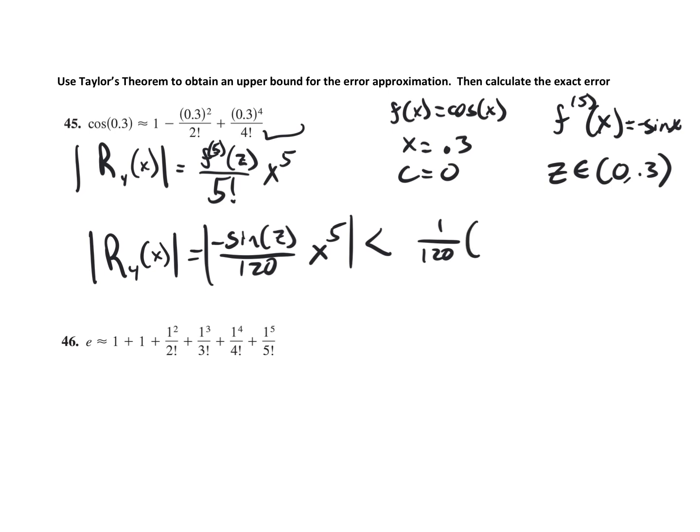Now what is x? x is 0.3 to the fifth. And if we evaluate that, that's about 2.025 times 10 to the negative fifth. Okay, so that's our max error there.